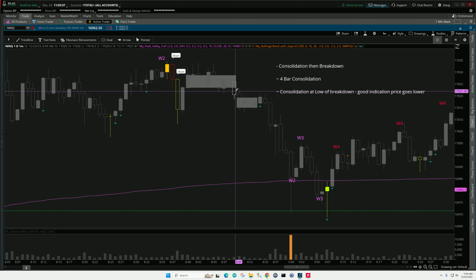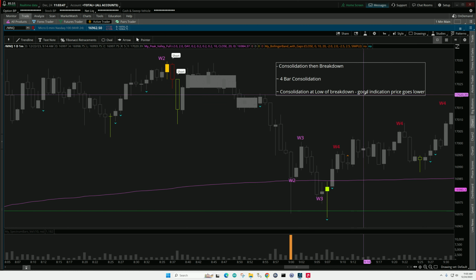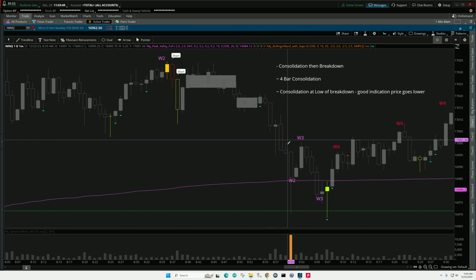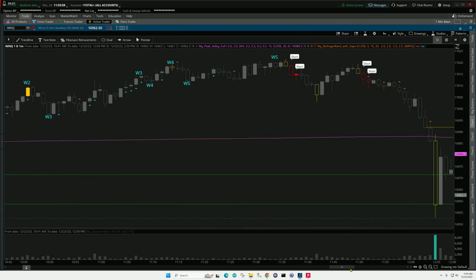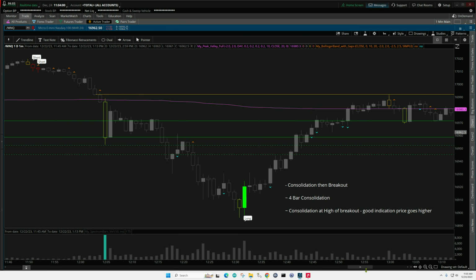But when price is then breaking down and then consolidating, so we have a period of consolidation, price breaks out of that, goes sideways again, this is a good indication that price goes lower or the trend continues and we had targets below. Give you another example of 4-bar consolidation.